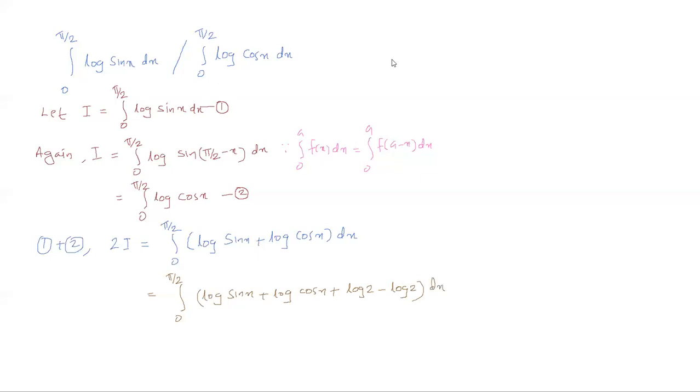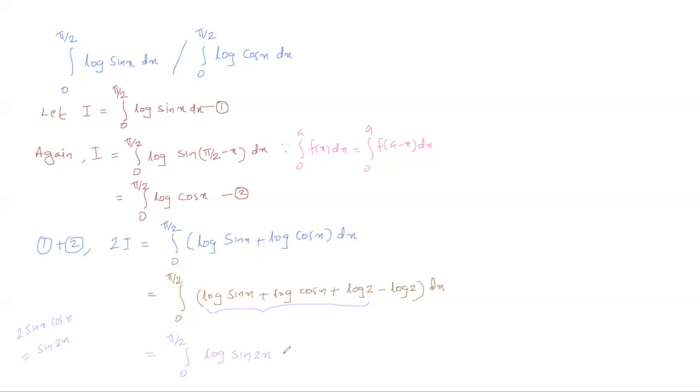Well, log a plus log b is log a into b. So when you combine, you will get integral 0 to pi by 2 log of sin x into cos x into 2, that is 2 sin x cos x. This is nothing but sin 2x. So you can write this as log sin 2x.